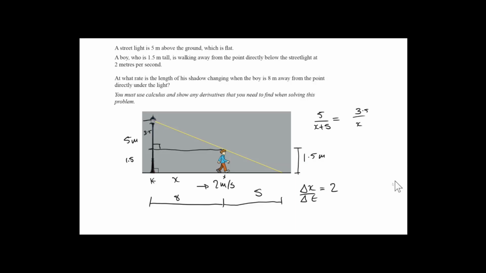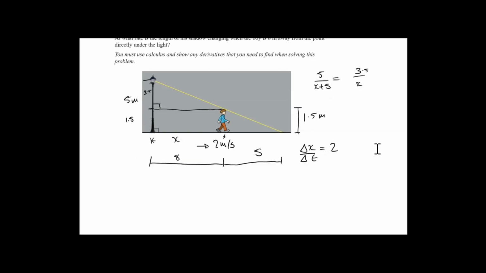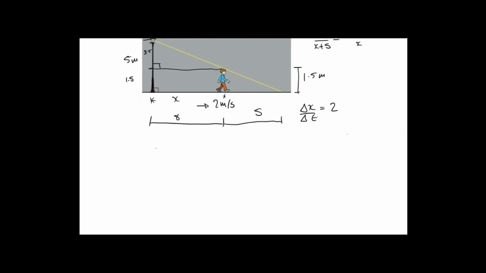So we have an equation here with x and s. Let's do the algebra. So 5x equals 3.5 times x plus s.